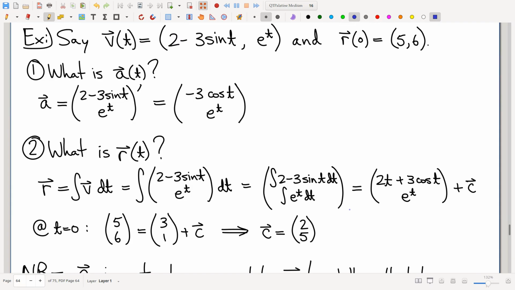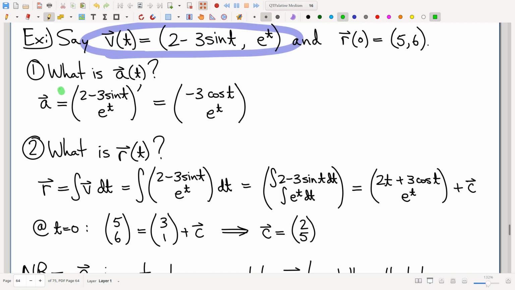Okay, let's do a more computational example here. Suppose I give you a velocity as a function of time, and the questions are going to be how do you compute the acceleration and how do you compute the position. And no big deal.